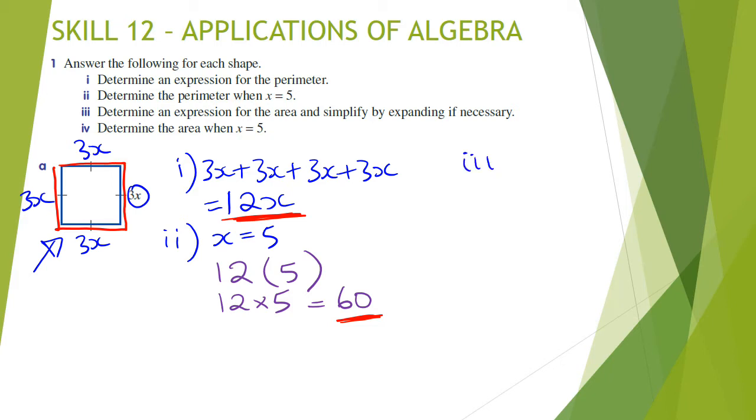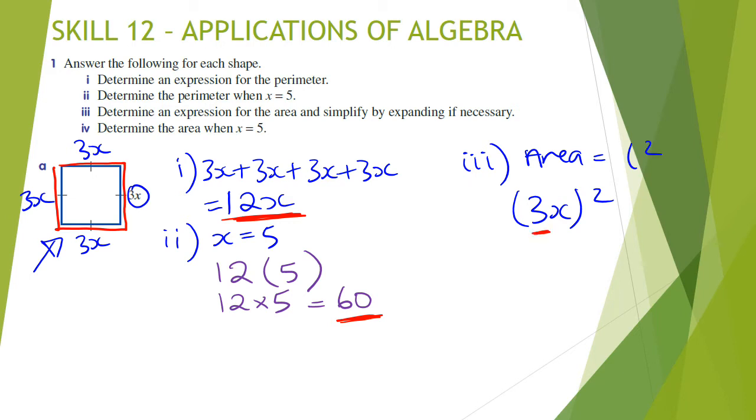Part 3 asks to find an expression for the area. Area of a square is length squared. Our length of this square is 3x. So we need to square 3x. If we square 3x, we need to do 3 times itself.